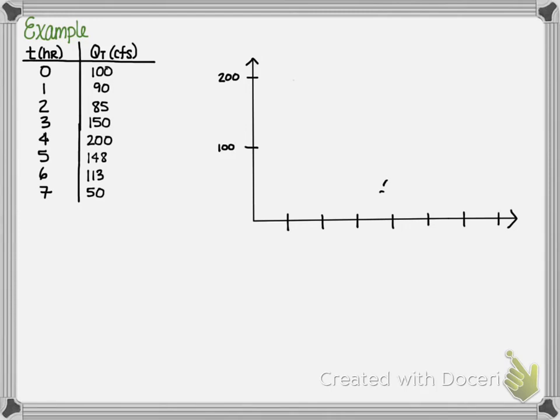Next, for every point, we're going to put a dot on the graph. So at time 0, we'll have 100 cubic feet per second. At time 1 hour, we'll have 90. At time 2 hours, we'll have 85, and so on. Then we will connect the dots to create the hydrograph.